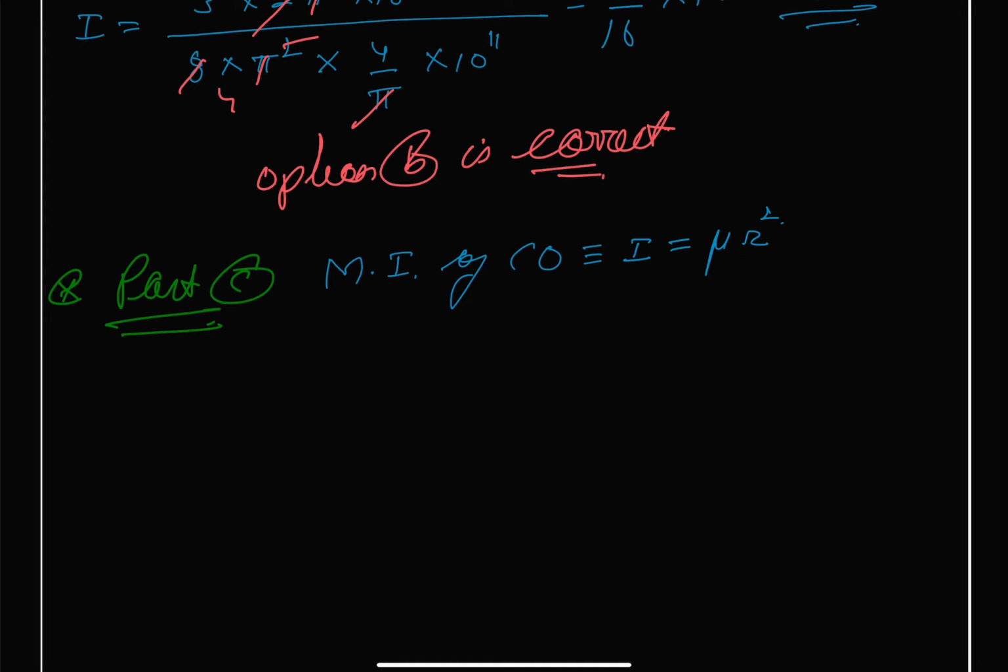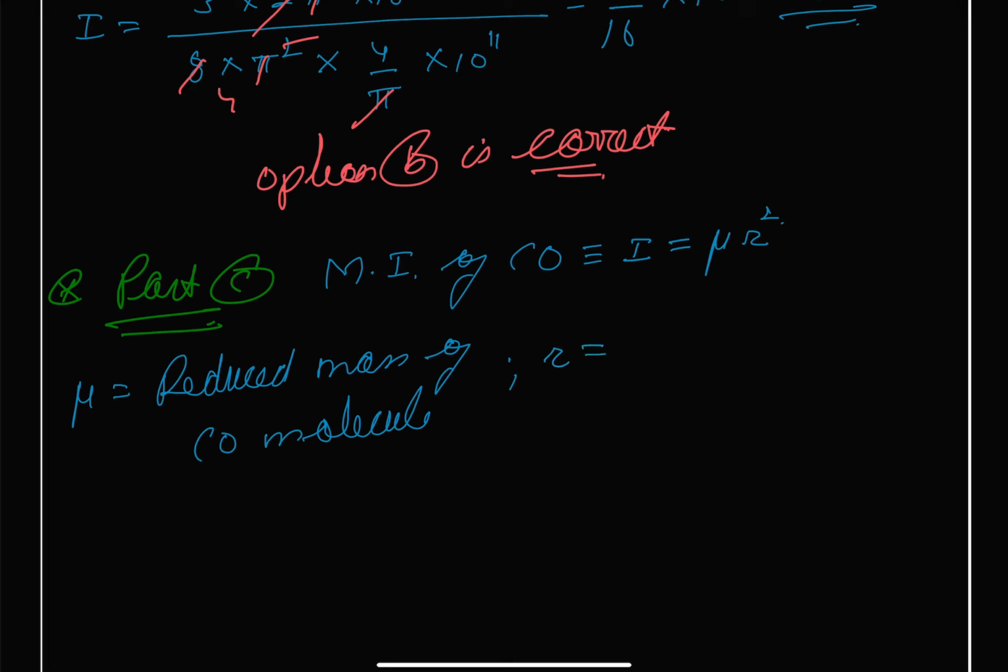And here this mu is our reduced mass of the CO molecule, and r is the distance between C and O, which we can say is the bond length.